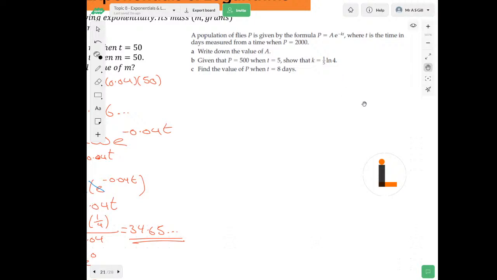So just to make it clear, I'll rewrite the equation so it's absolutely clear as well. This is P is equal to Ae to the minus kt.